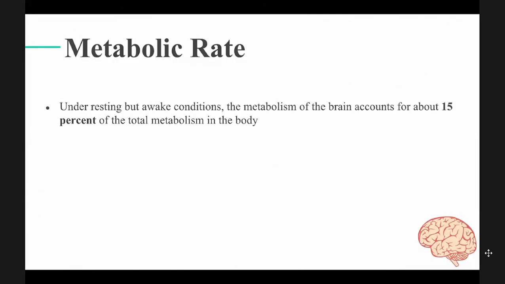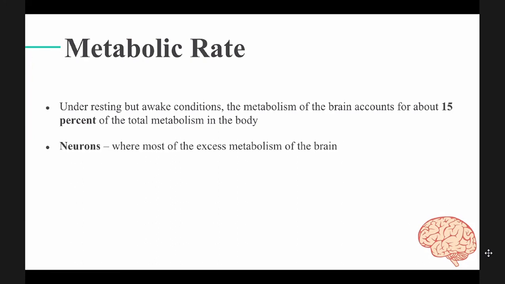Okay, the metabolic rate, simple lang naman. You just need to increase the blood flow because the brain tissue does not have the ability to produce its own glucose. And that's why you need a constant blood supply to the brain. Under resting but awake conditions, the metabolism of the brain accounts for about 15% of the total metabolism in the body.